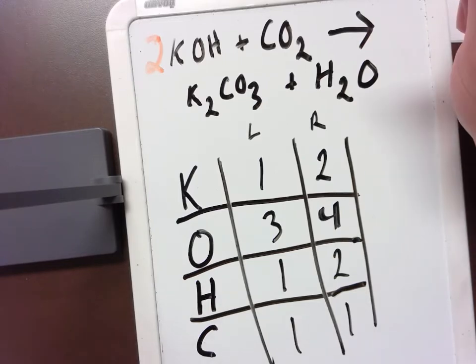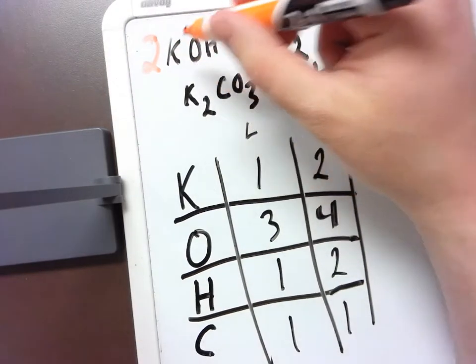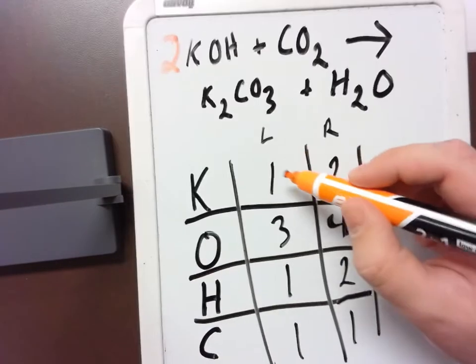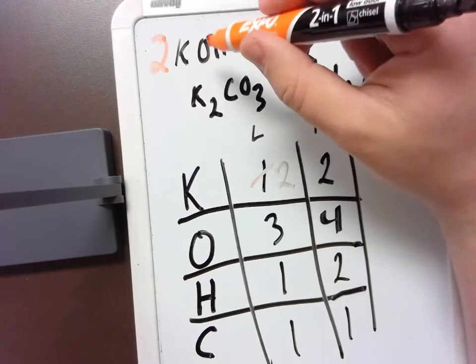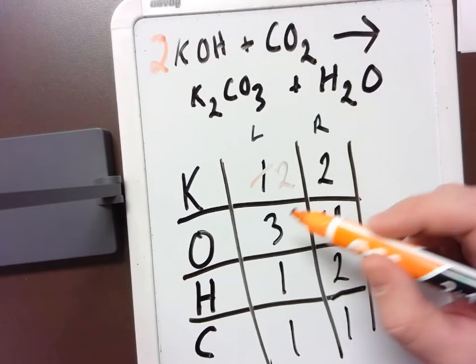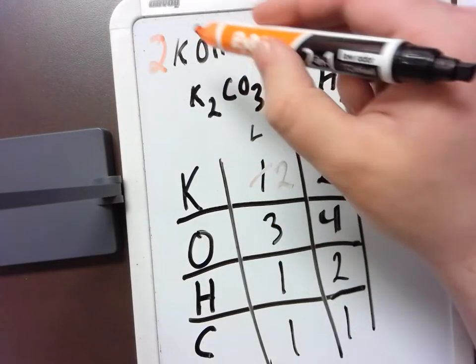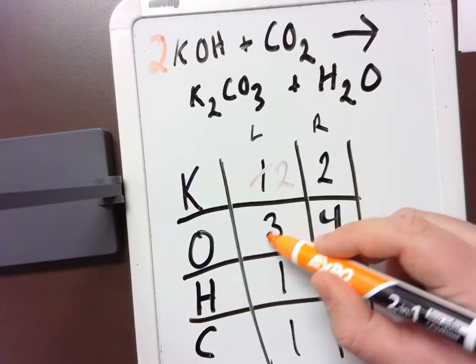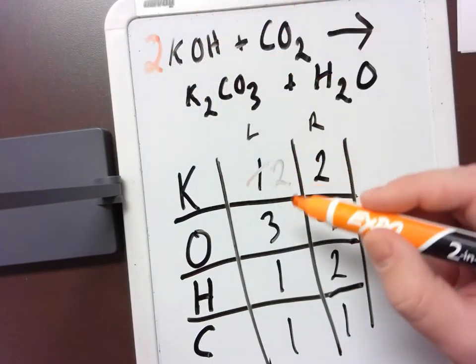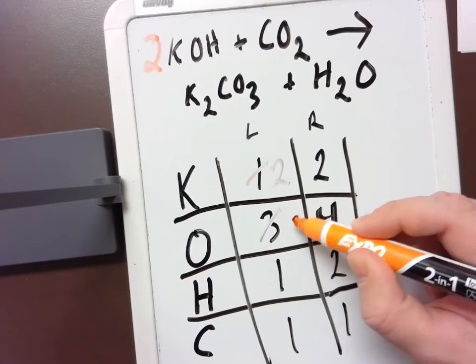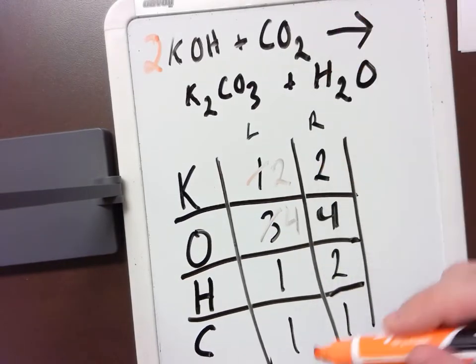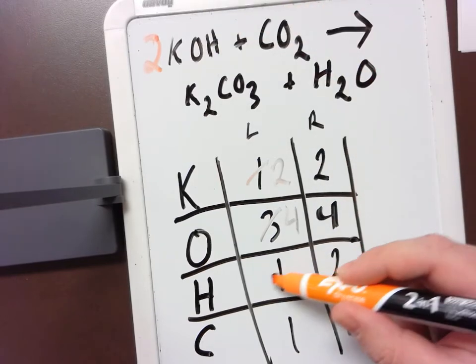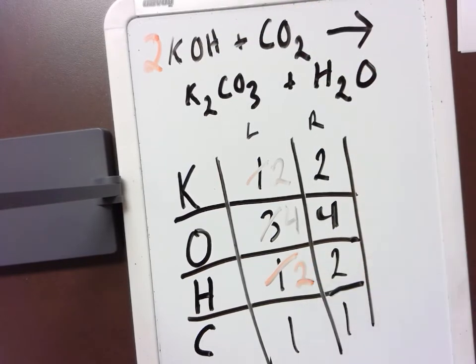So this is now 2. Our O is now 4, because look at that: 1 times 2 plus 2. So now this is 4. All right. Our C stays the same. Oh, and our H goes to 2. Look at that. There it is. Completely perfect.